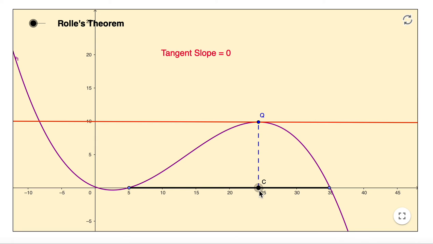A point C must exist somewhere between 5 and 35 that gives us a horizontal tangent line, or a maximum coordinate or a minimum coordinate. So Rolle's theorem is just a special case of the mean value theorem, which states that in between any two zeros, as long as it's smooth and continuous, there must exist some point in between that gives us a horizontal tangent line.